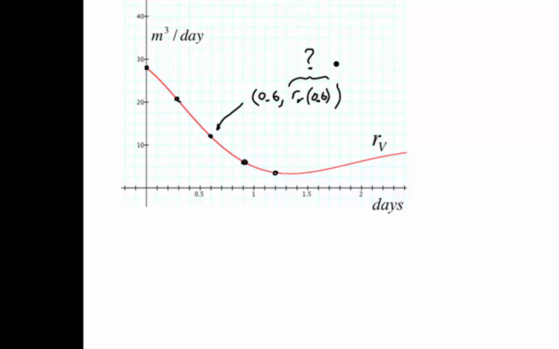A rate of change function gives values of rate of change, the dependent variable, okay? And so then I asked you to estimate that. What would you estimate that value to be? So this is the rate of change at 0.6 days, and now I want to estimate that.